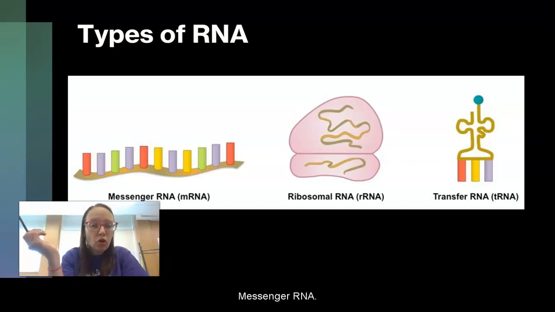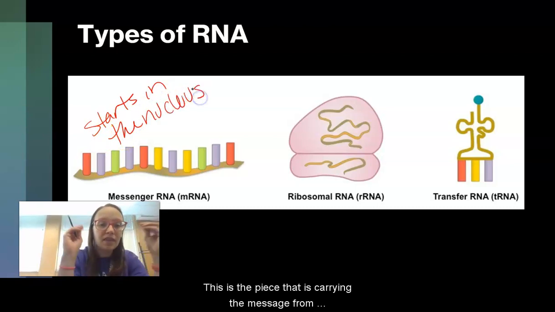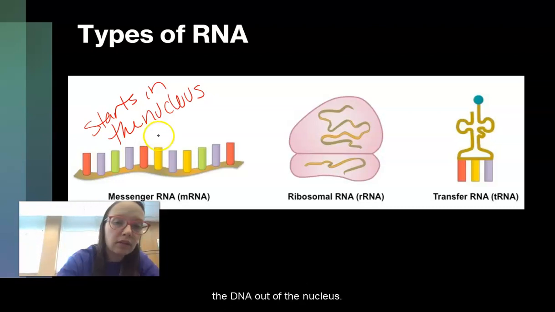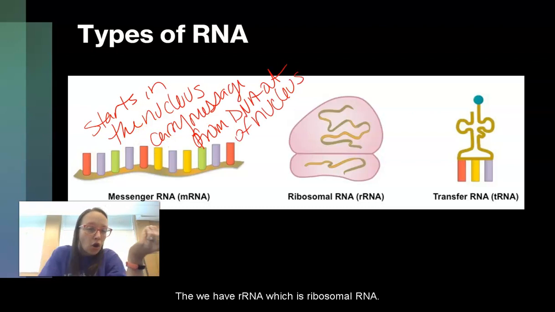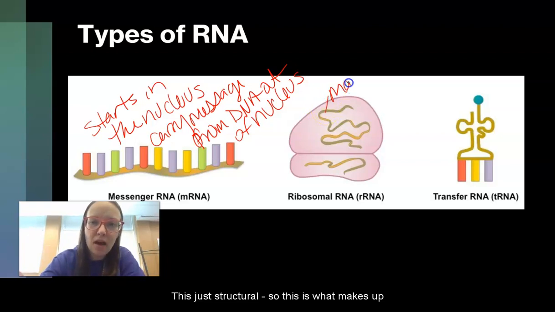So messenger RNA, this starts in the nucleus. This is the piece that is carrying the message from the DNA out of the nucleus. Then we have rRNA. This is ribosomal RNA, and this is really just structural. So this is what makes up our ribosomes.